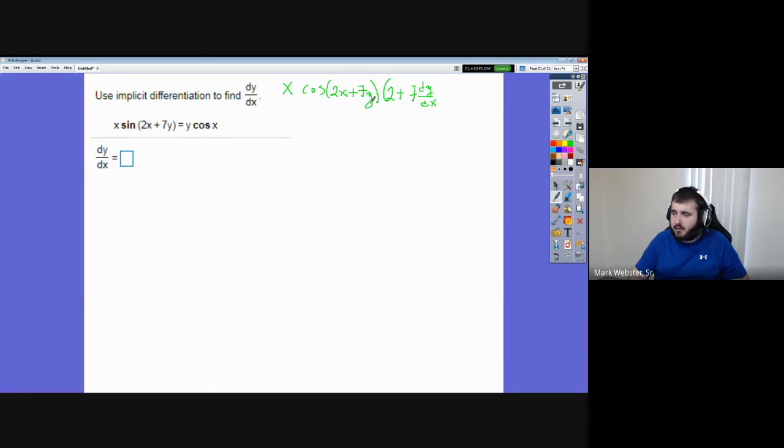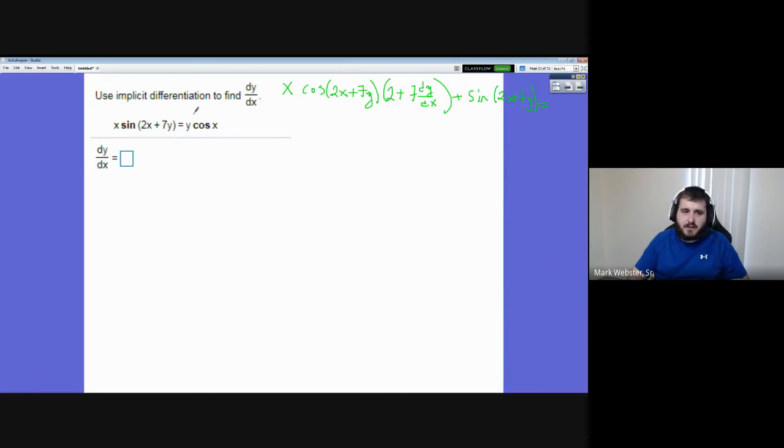And again, I'm just taking the derivative of y, and when I do that, that's dy dx, right? Left d right plus right d left. That's just the derivative of x is 1, so I'm just left with this sine of 2x plus 7y. What is that equal to? Y times the cosine of x.